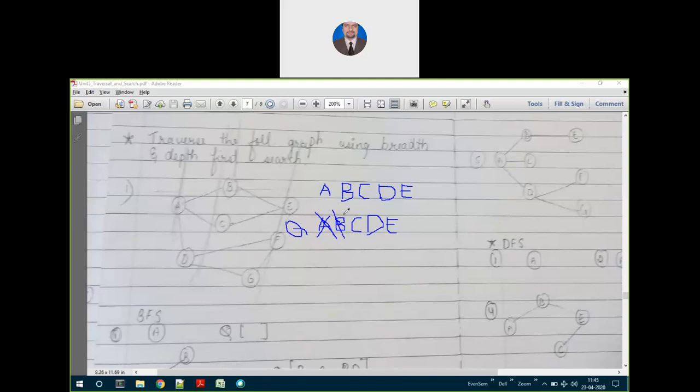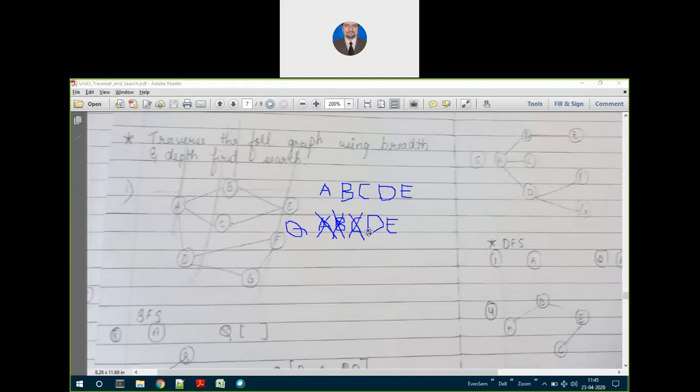Since it is explored, I will remove it from Q. Then next is C. From C, what are the connected vertices? A and E. A is already covered. E is also visited in the previous search from B. So I can say C is also explored.